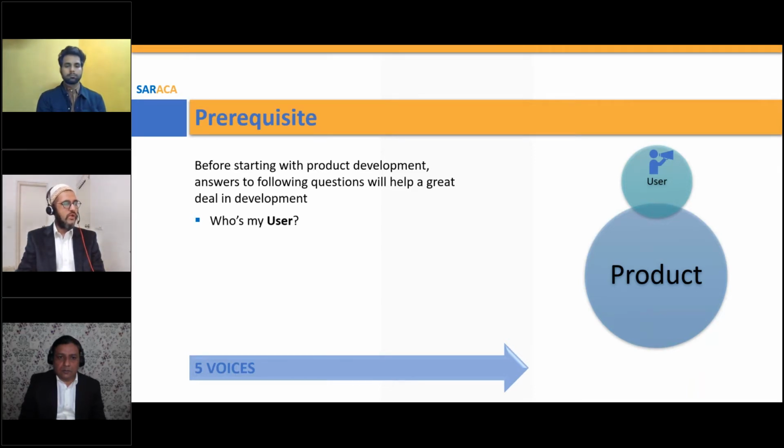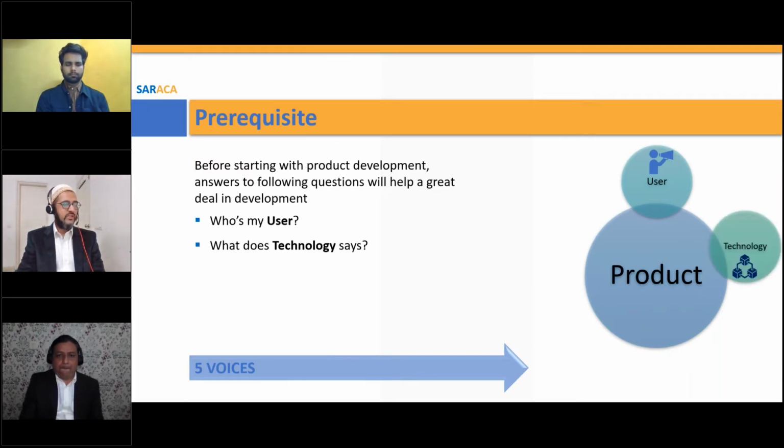A good understanding of the user is essential for any product development, and even more so for medical devices. The user can be the direct patient, or a surgeon. Sometimes nurses are also the user. So it's good to understand the user.